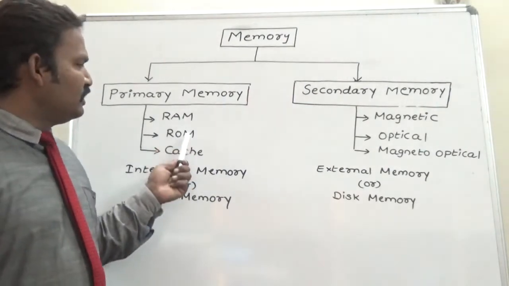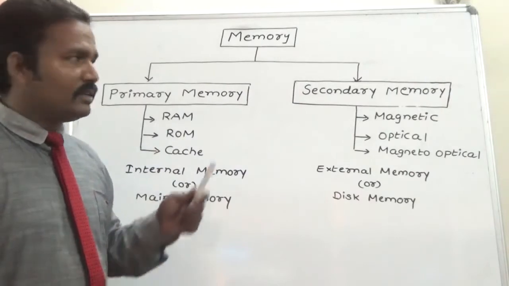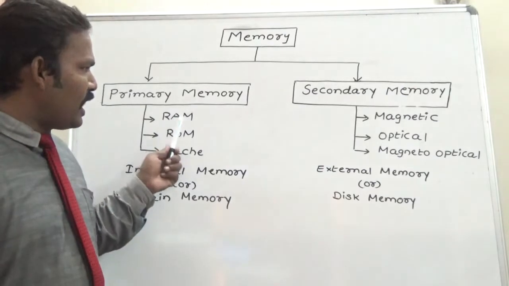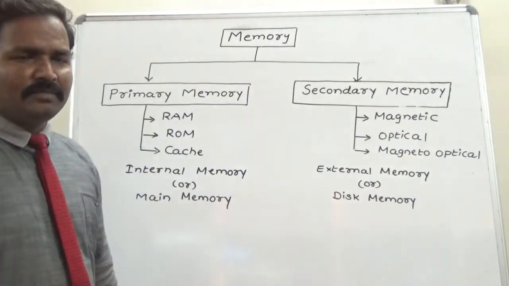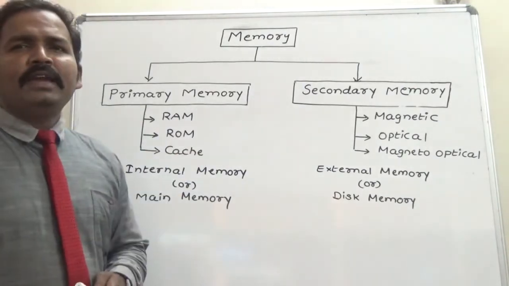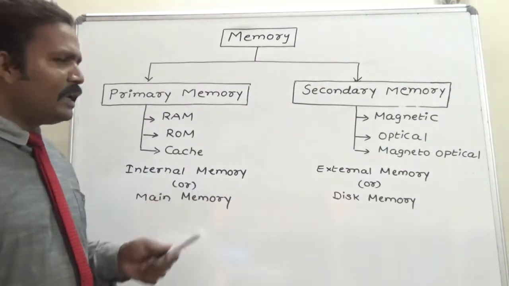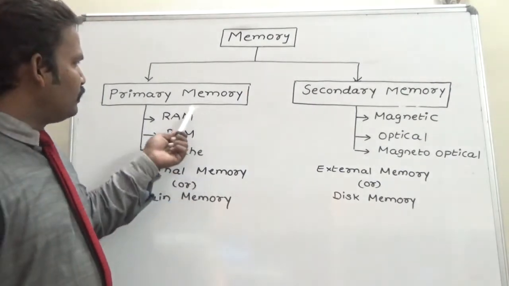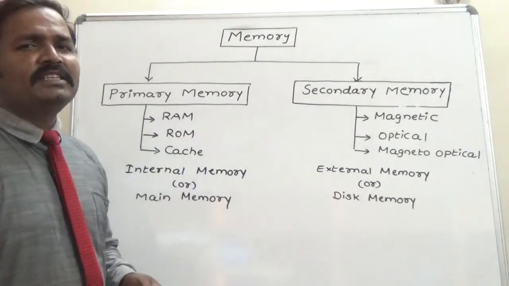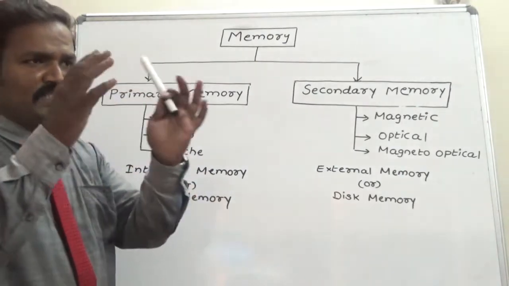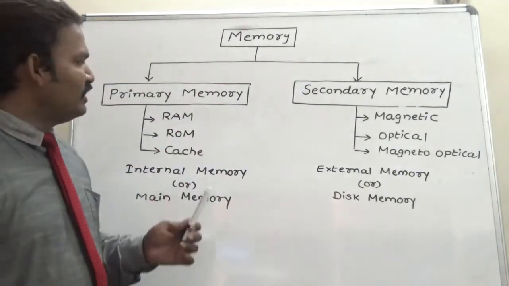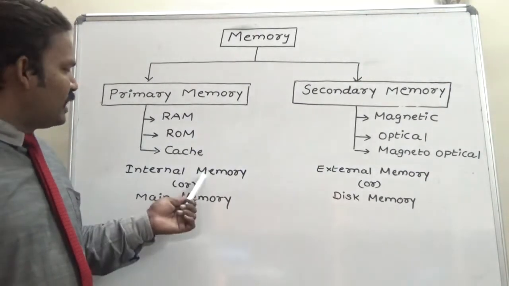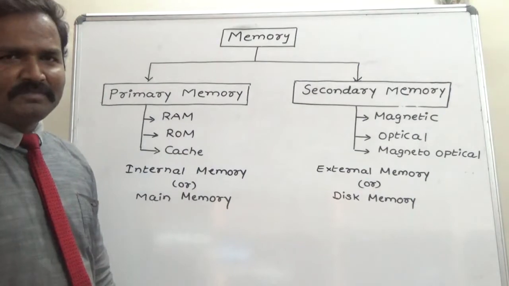Primary memory can also be called internal memory or main memory, because these devices are placed inside the CPU, inside the cabinet.